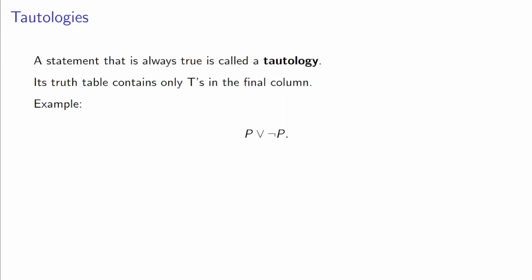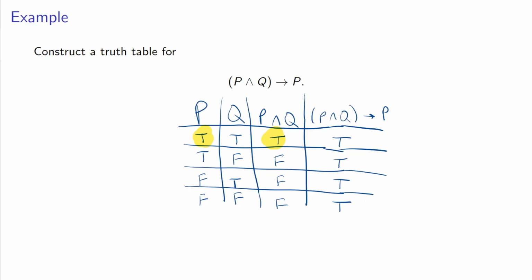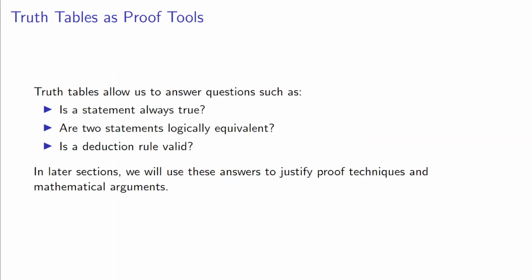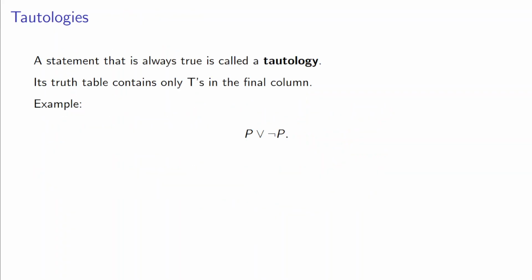So now to tautologies. A statement that is always true is called a tautology. Its truth table contains only T's in the final column. An example is P or not P, and actually another example was this one right here. We can see all T's in that final column. But let's run through this example here. It should be pretty quick. We only need 2 rows because we just have the one statement.